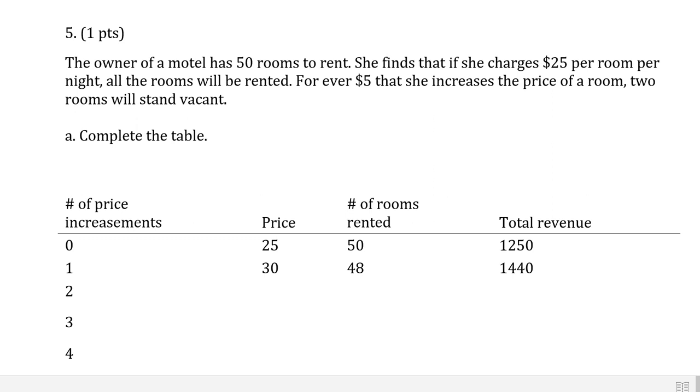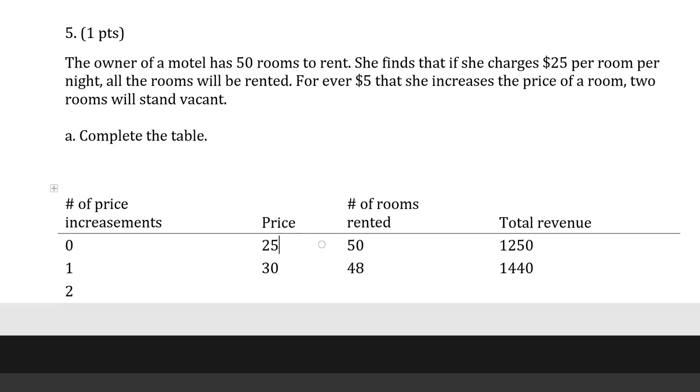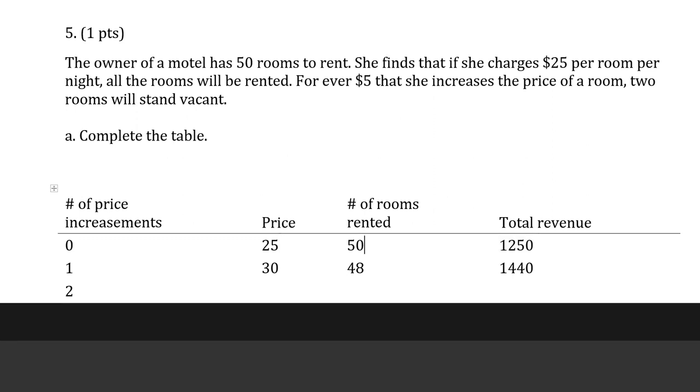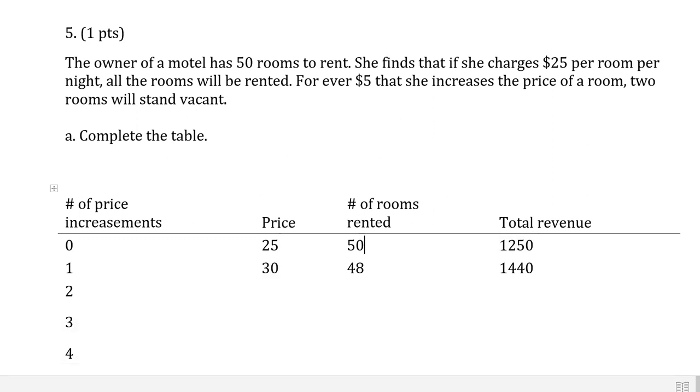And to get the total revenue, we're just going to multiply those two values together. And we get 1250.